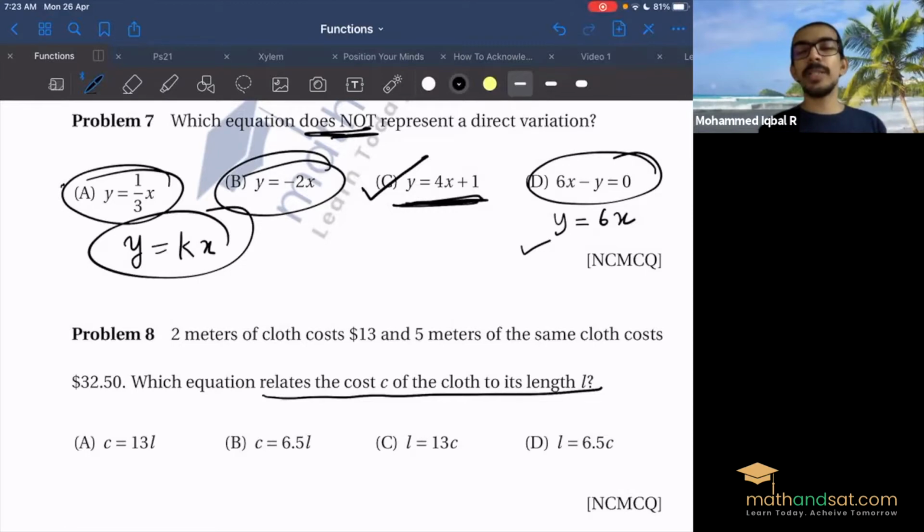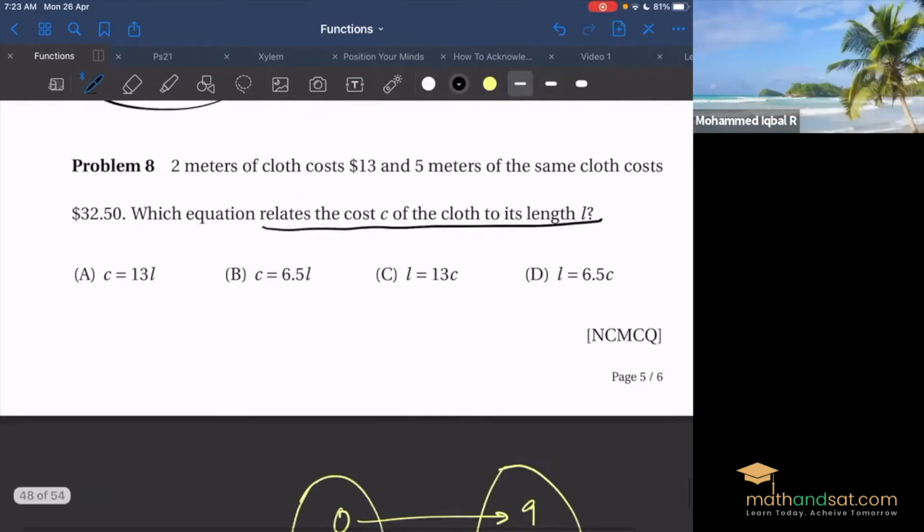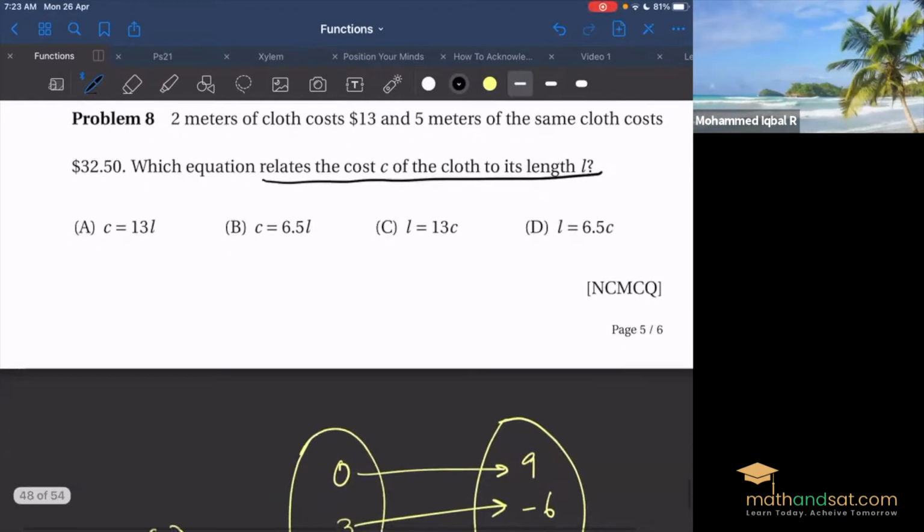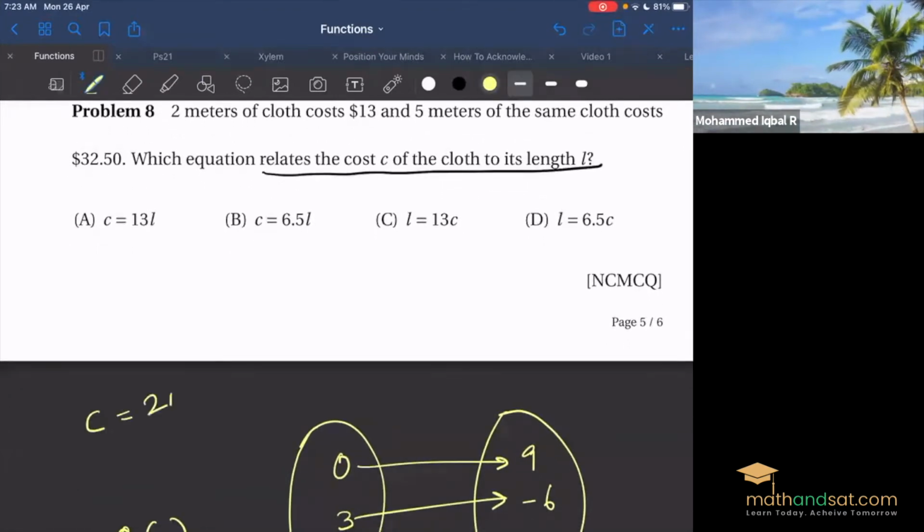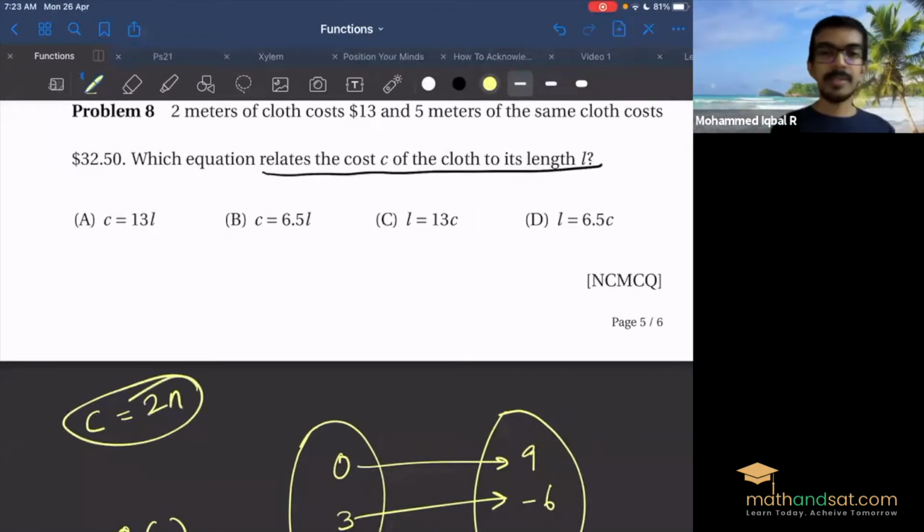N chocolates is 2 times n. So the cost of n chocolates is equal to 2n. This is a direct variation. If one chocolate costs 2, the cost of n chocolates will be 2 times n.